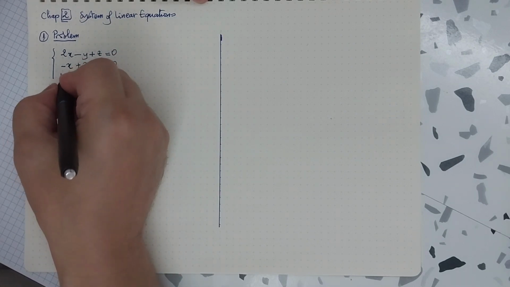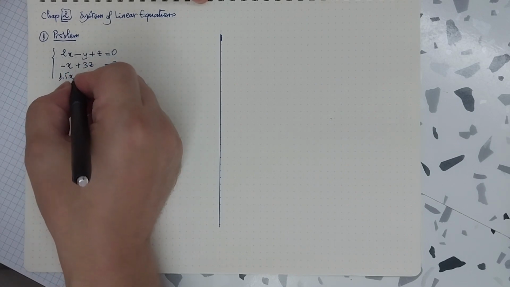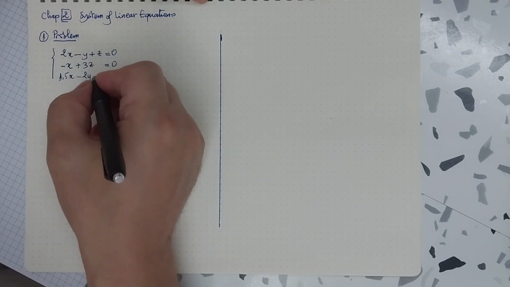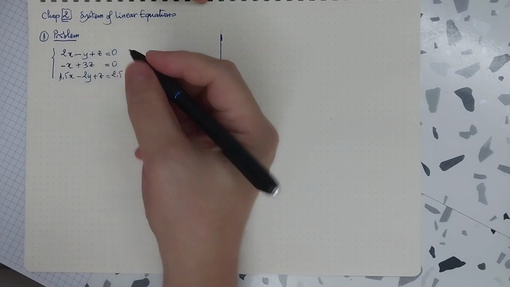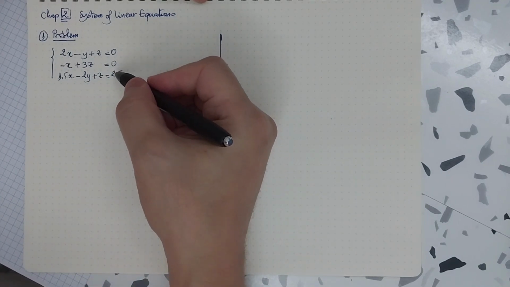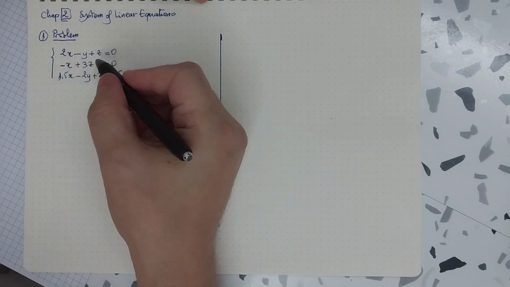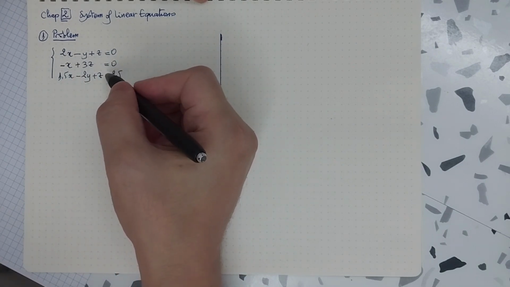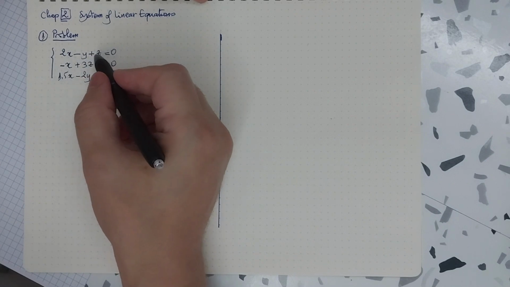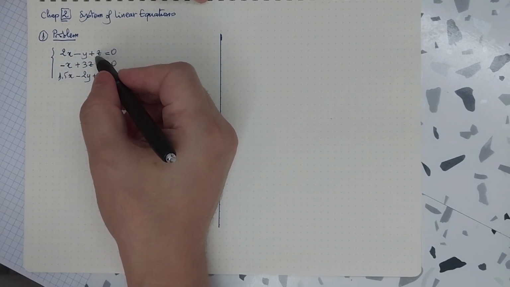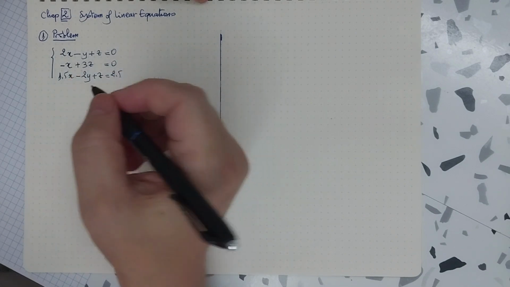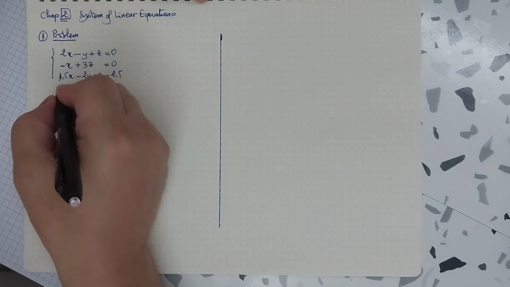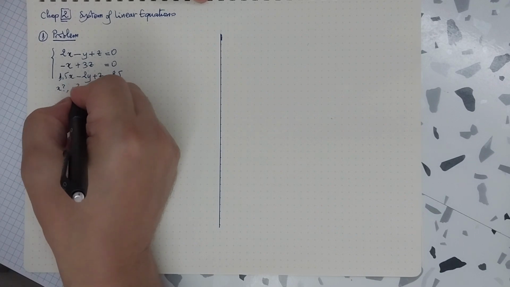Then 1.5x minus 2y plus z equals 2.5. So we have 3 equations with 3 variables. The number of equations must be equal to the number of unknown variables. We are looking to find x, y, and z. So the x, y, and z are the unknowns.